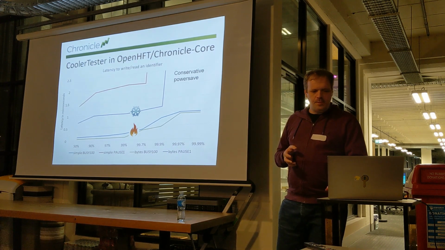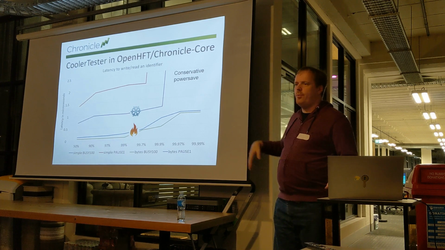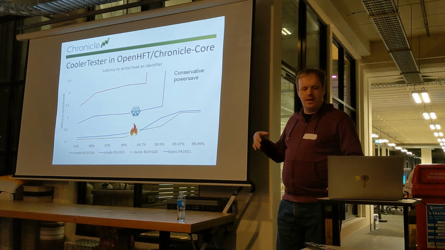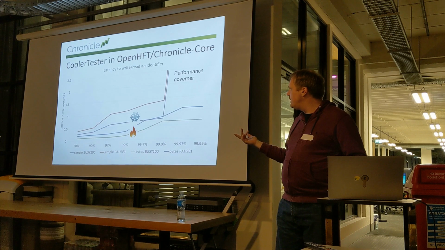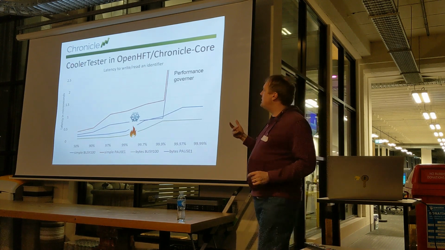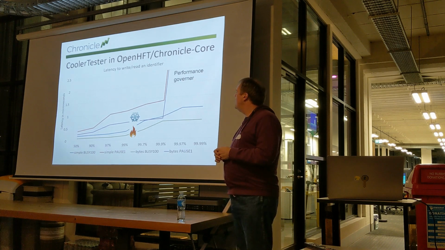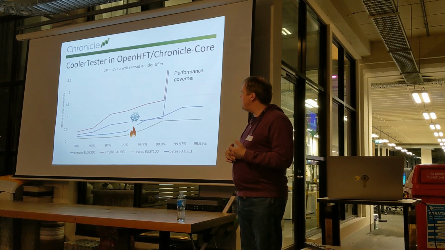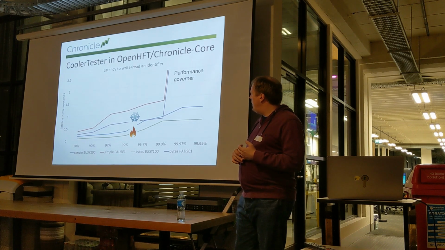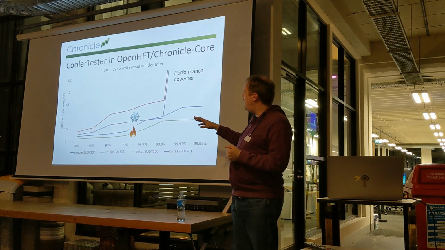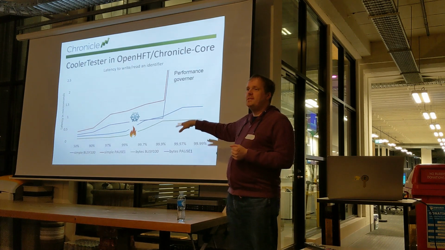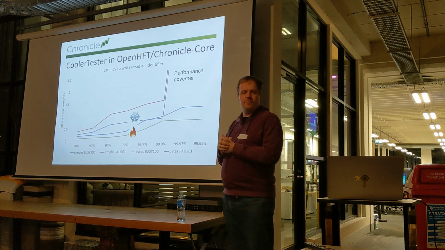So this is with the conservative power state after a millisecond pause. Now, this is reduced significantly if you use the performance governor instead, but you still see a significant slowdown between running it busy waiting for 100 milliseconds and having it fall asleep.